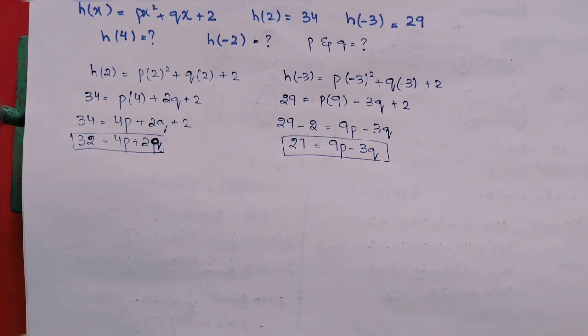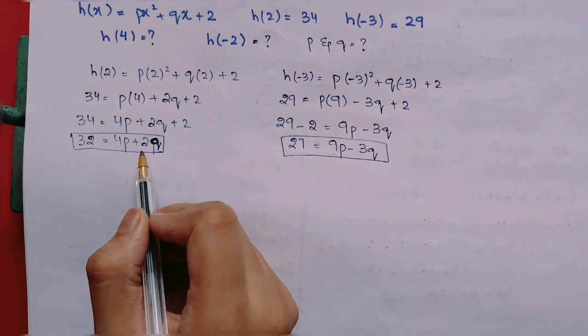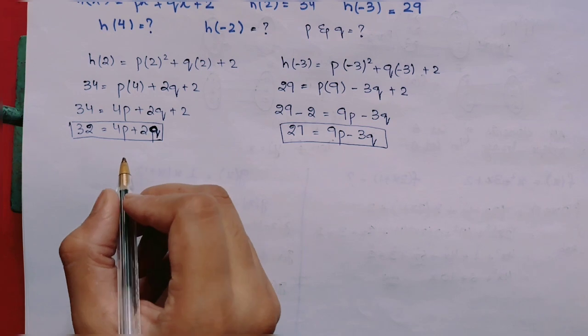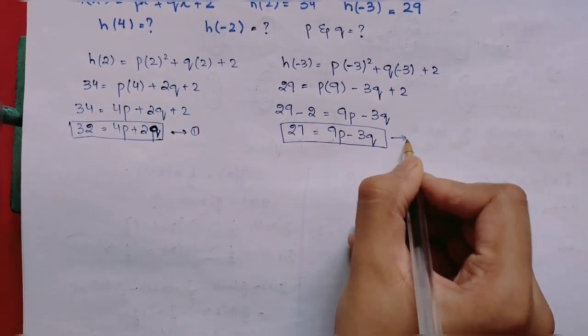Okay, how can we solve it? We are using the simultaneous method, so we can easily make the coefficient of one variable similar, so we can cancel them easily. Now let's start. Name it as equation number 1 and name it as equation number 2.